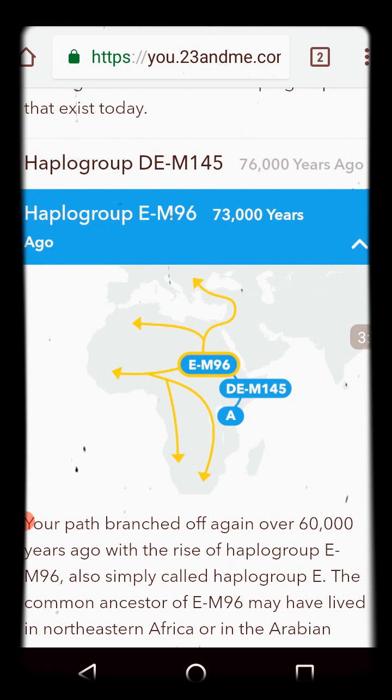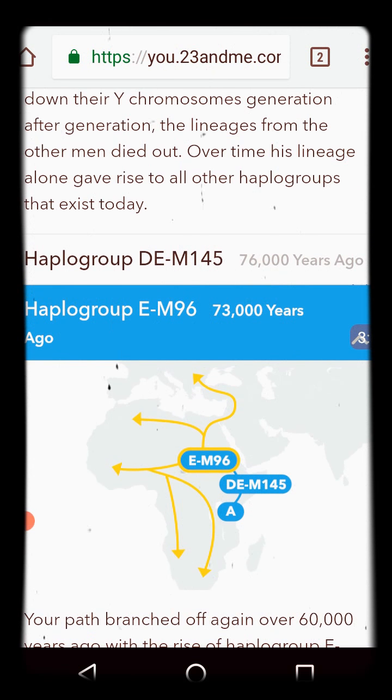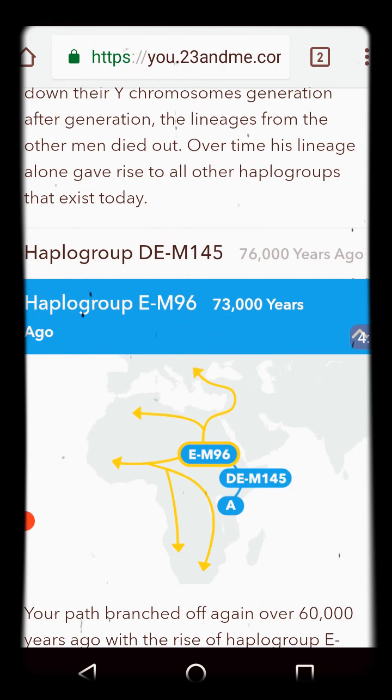So now they're showing you where this split occurred. So you see Adam, then you see his descendants, DE. E goes up north and west, and D supposedly went east.